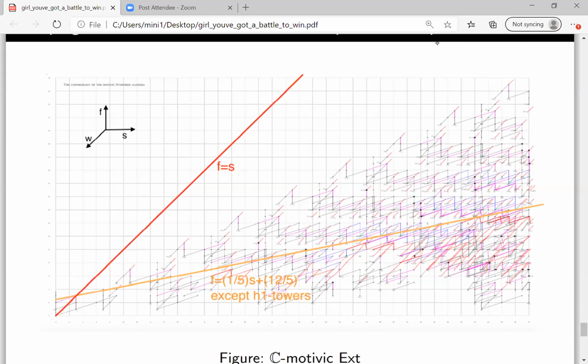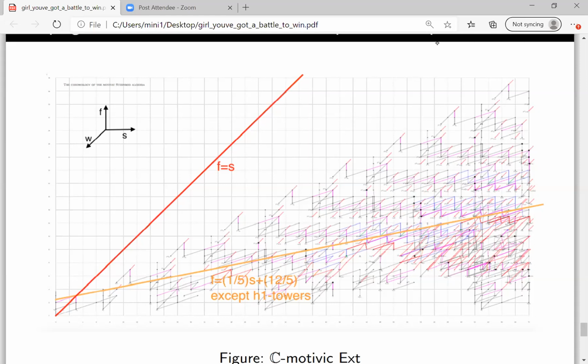They described all the positions of the H1 towers in that paper, but the position is described using a line because it's H1 inverted. Actually, in this motivic Ext, those H1 towers are rays, not lines. So the actual starting points of those rays are not quite known for now.